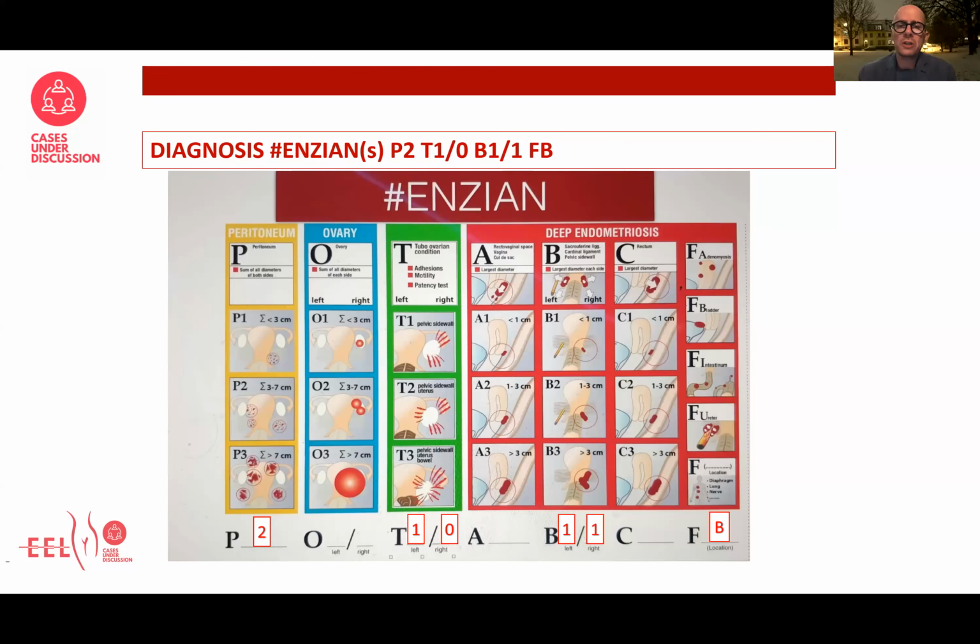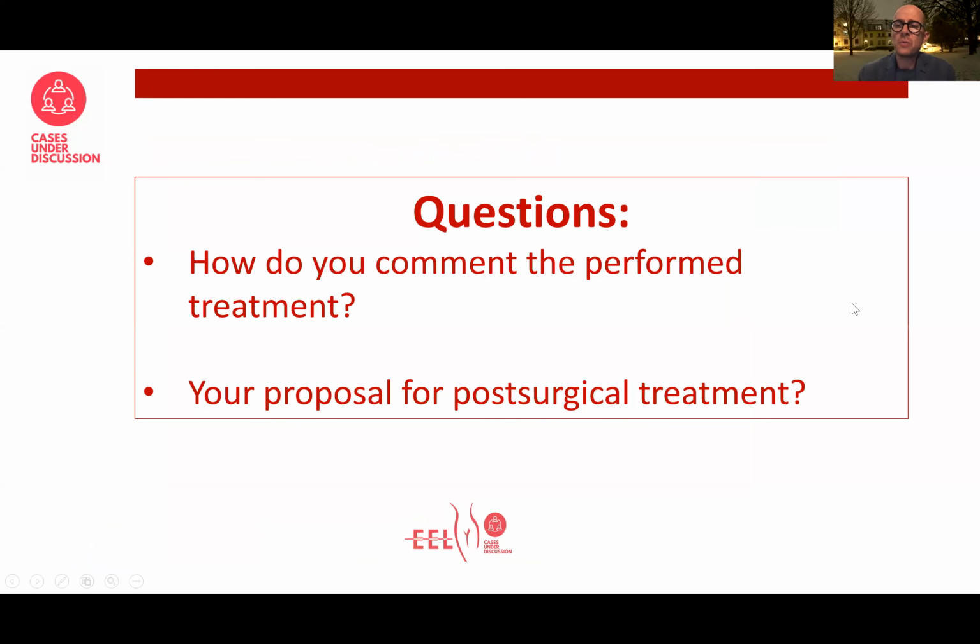The last question in this case would be, what would be your recommendation for the post-surgical treatment? Would you go for some hormonal treatment, Axel, or would you just say, okay, this is fine because it was a deep endo and we did the surgery, so now everything is okay? Well, I would say that it was not just deep endo.